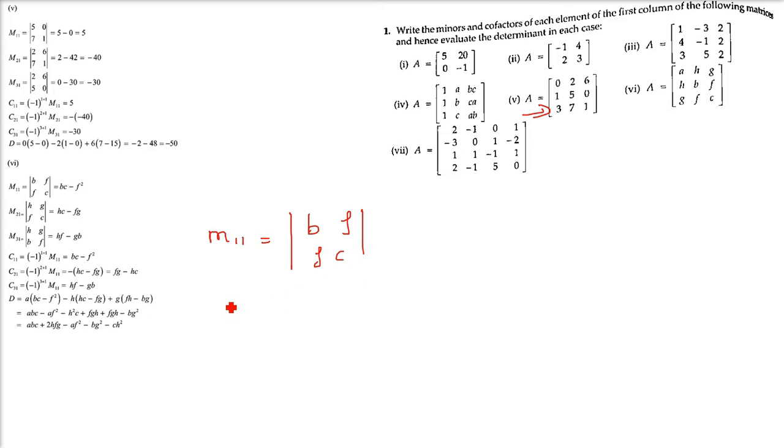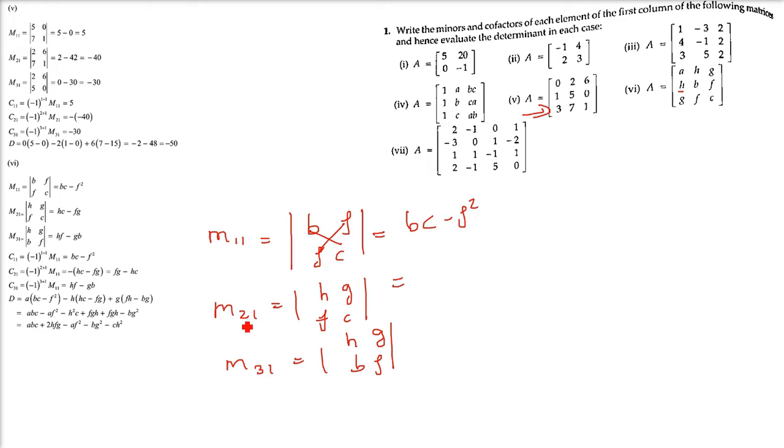Then we have M21, second row, first column, so you have H, G and F, C. Then we have M31, third row and first column has to be left, HG, BF will be there. So this will be BC minus F square.